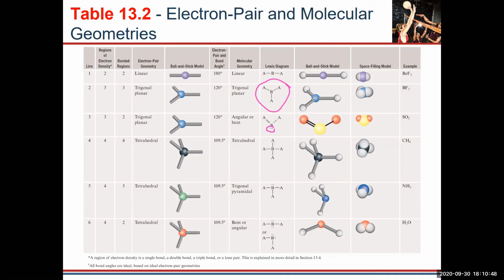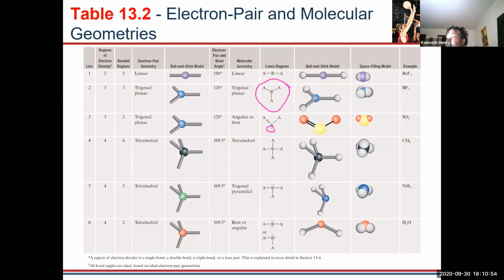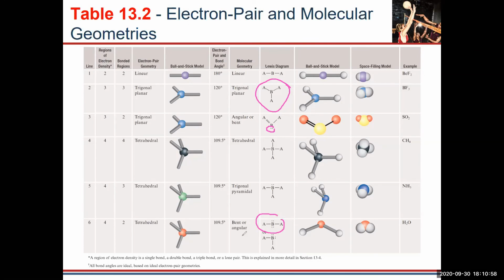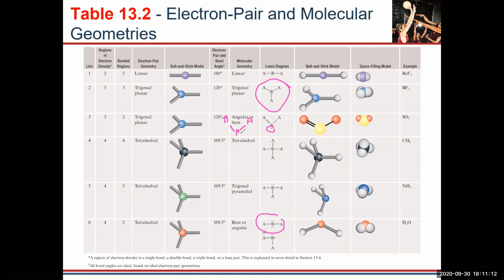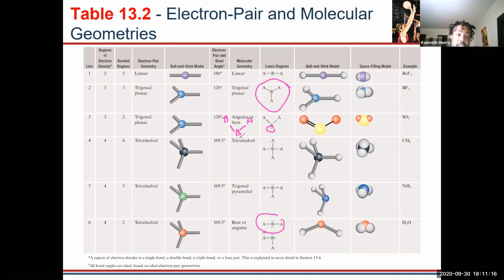I mean on the molecular geometry on the third one, that is angular or bent. On one side we have a single bond, on the other side we have... not that one. Line 3. Okay, so you're saying if I had something like this, it would still be bent, but it wouldn't be as bent.